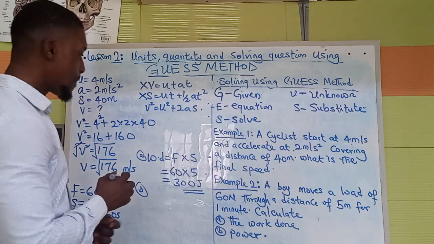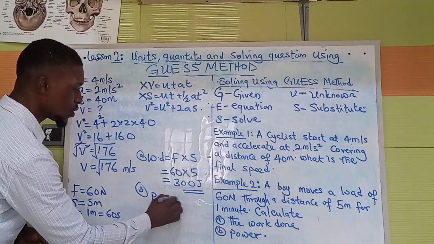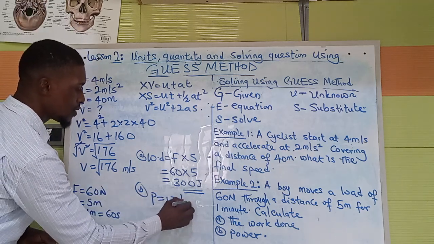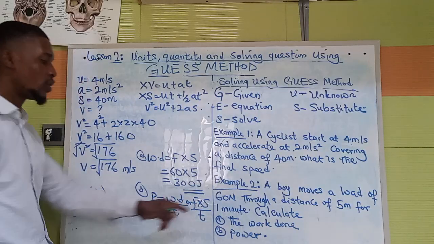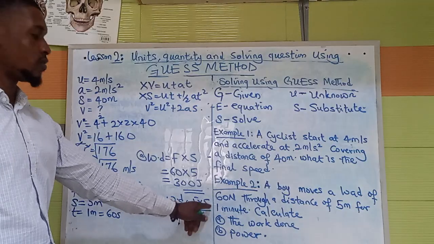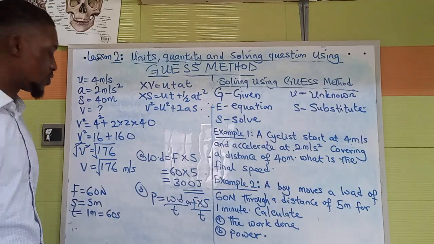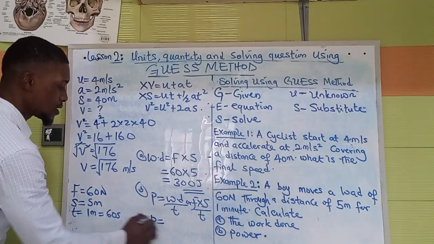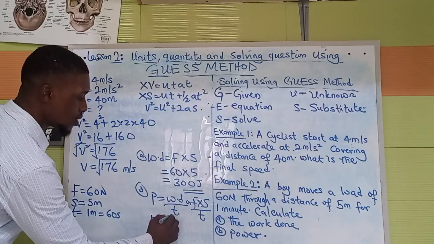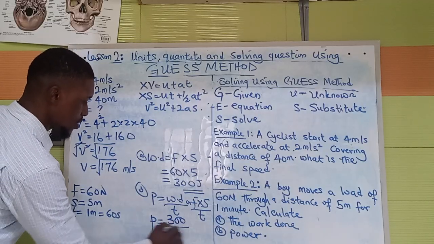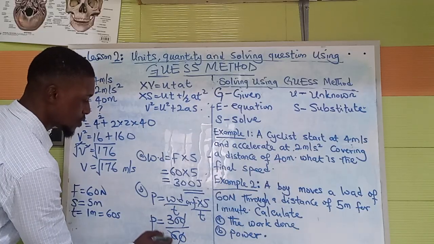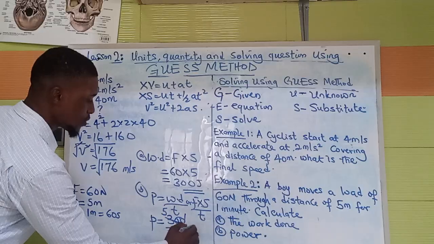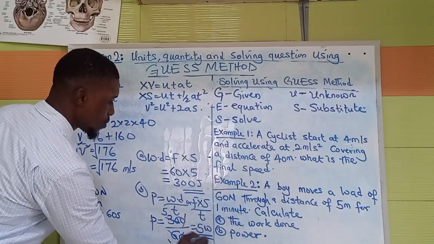Power is equal to work done over time, or F times x over t. We've already got our work done, which is 300. So therefore, our power is equal to 300 divided by 60. So 0 cancels 0, 6 goes into 6 once, 5. So that will give us 5 watts.